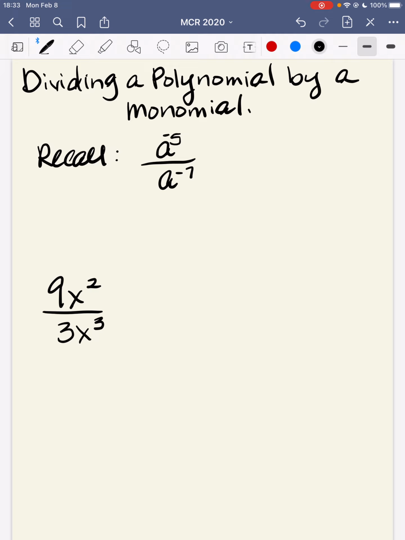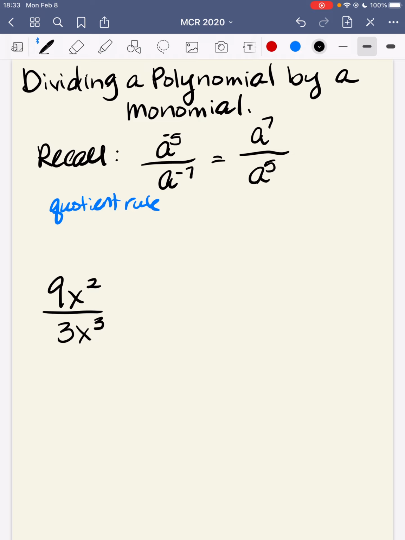So remember, if we have something like a to the negative 5 over a to the negative 7, we could use either our quotient rule or our rule of negative exponents to get rid of the negative exponents by moving the a to the negative 5 to the bottom and making it positive, and the a to the negative 7 to the top as a positive 7.